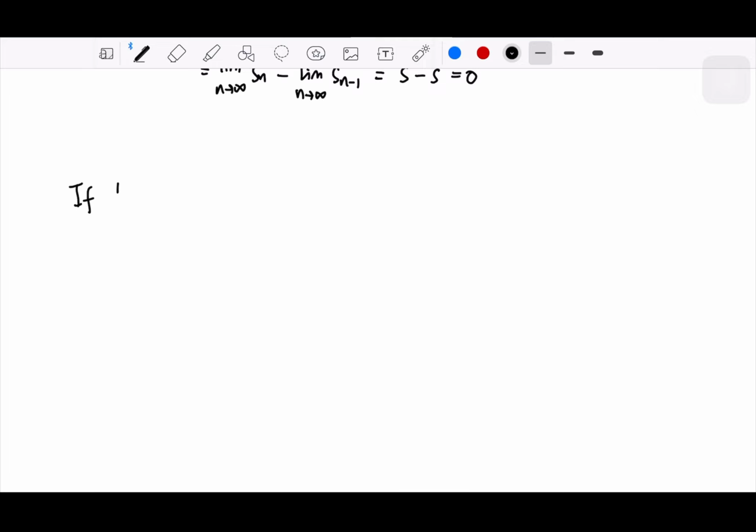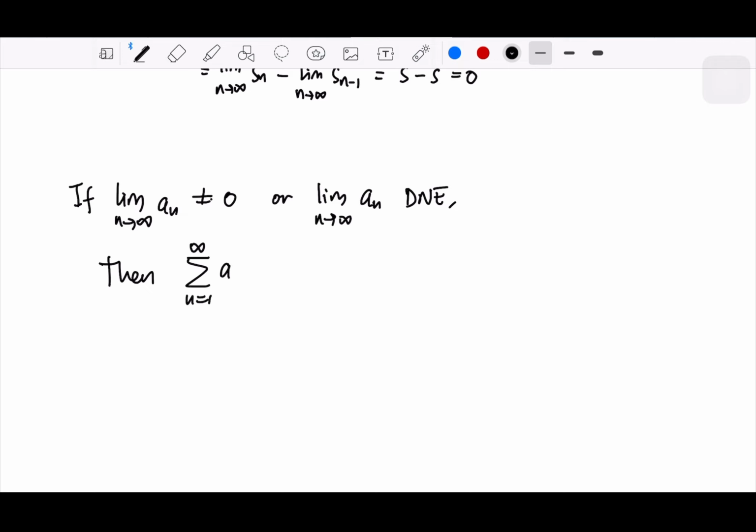If the limit is not 0, or the limit doesn't exist, then the series is divergent.